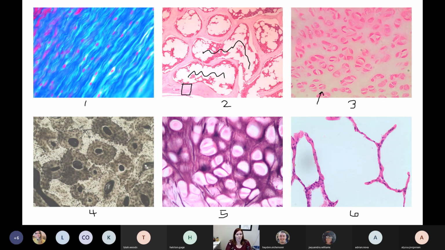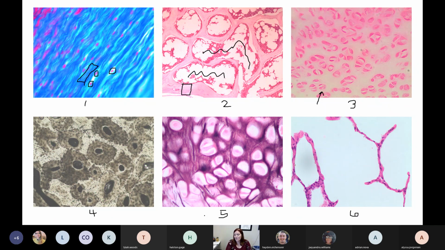Fibrocartilage is tissue number 1. Fibrocartilage, the way you're going to recognize that is its color. So remember that with fibrocartilage, we always have these blue fibers that we see here. And then a lot of times you're going to see these bright magenta or almost purple cells. Fibrocartilage, connective tissue.